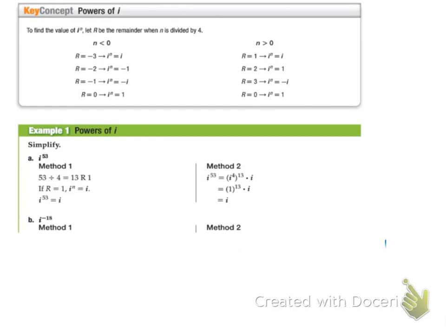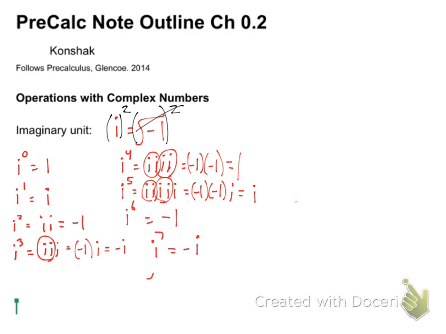Which means I went through that list 13 complete times, and then I still have 1 step left. If I take 1 step, where am I? I go 13 times through the list, and I have 1 more. Where am I at?